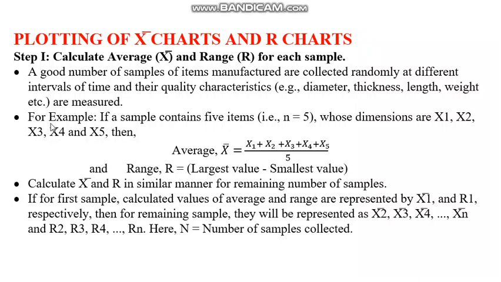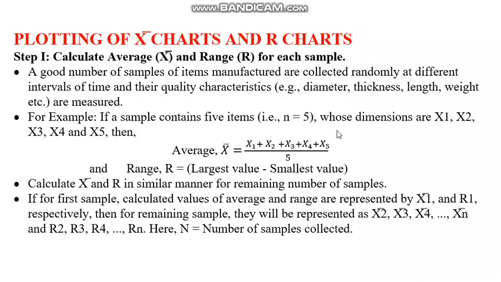For example, if a sample consists of 5 items, that is represented by the small letter n, lowercase n. What is lowercase n? It is 5, because we have 5 items, or 5 workpieces, or 5 objects, whatever you call it.